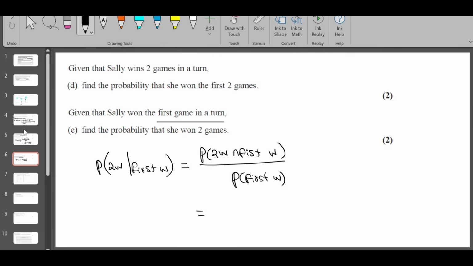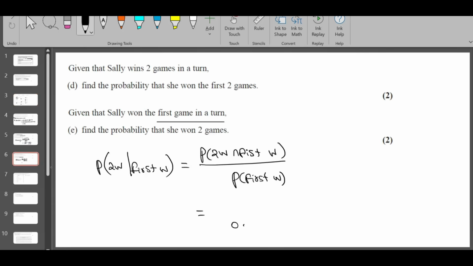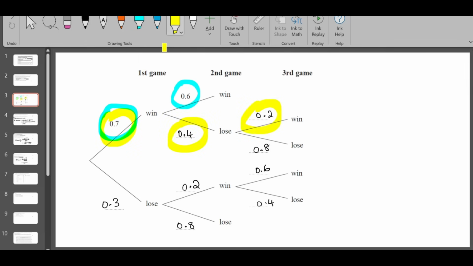P of first win is 0.7, so the denominator is going to be 0.7. For the intersection, the first one should be a win, so that's this times this plus this times this times this. In both cases you have 2 win and the first one also a win.